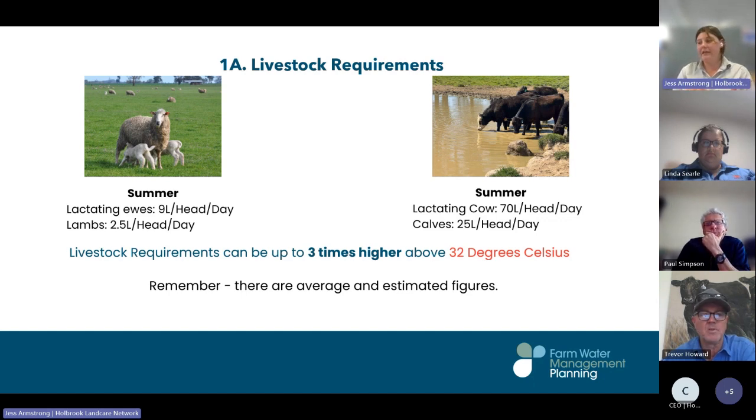They are taken from the DPI Ag Guide Farm Water, which was published in 2012. There may be new data that has come out that we haven't covered, but these are the sort of parameters that we will be working in for this process.